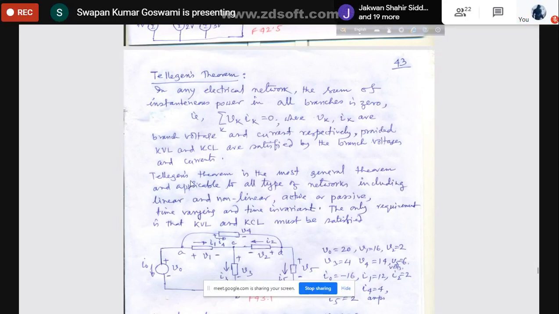So Tellegen's theorem is the most general theorem and is applicable to all types of networks, including linear and non-linear, active or passive, time varying and time invariant.